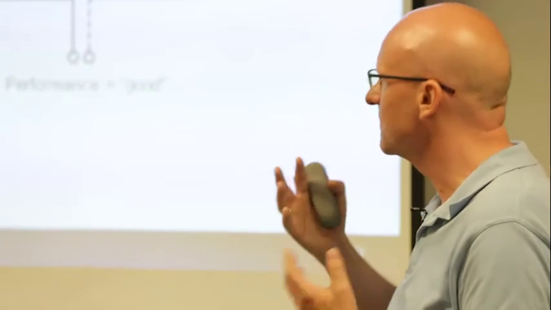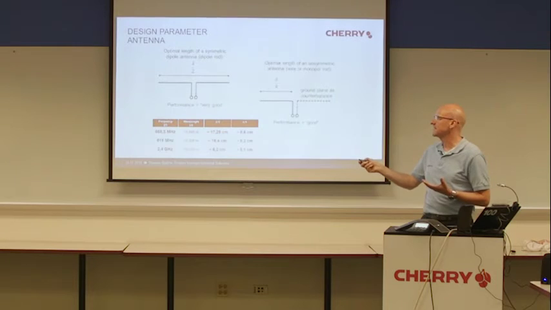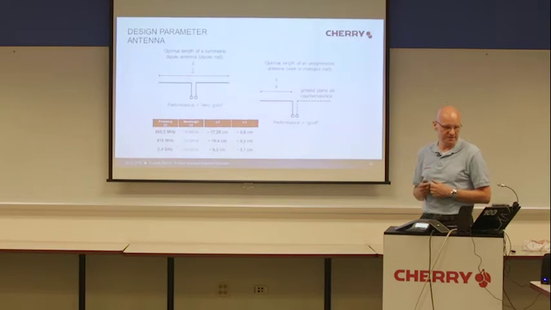And the optimal length of a symmetric, we call it dipole antenna. It means if you use two wires, then it would be an optimal dipole antenna. Yes? And using an optimal dipole antenna, the performance of an antenna system is in the category very good, I would say.